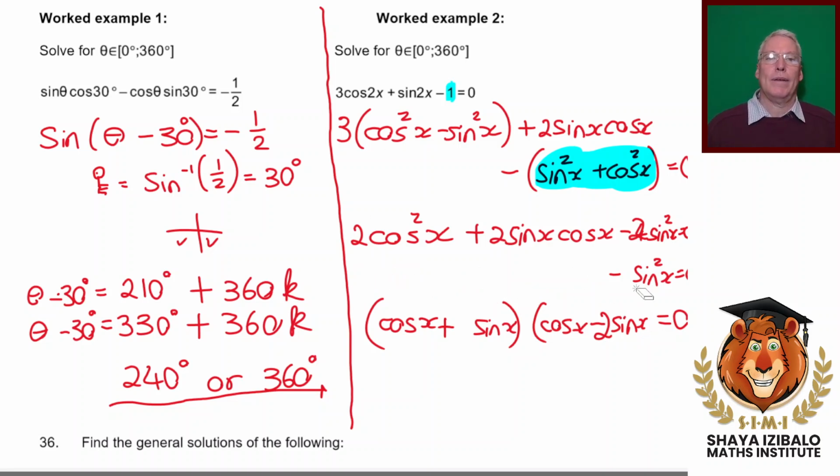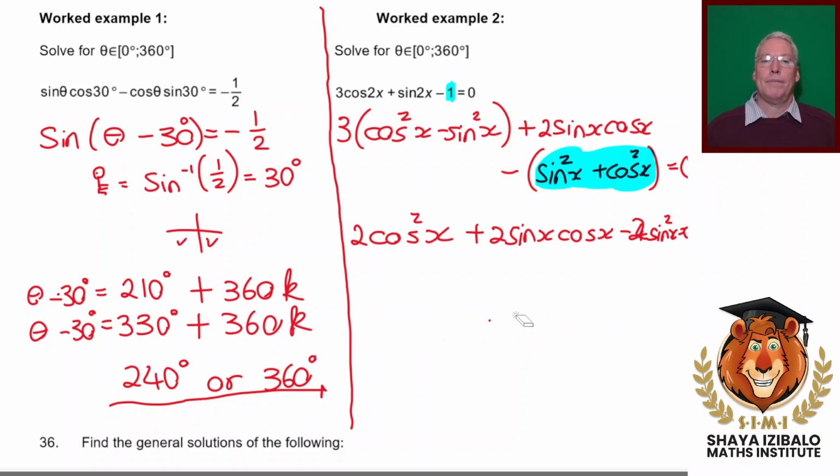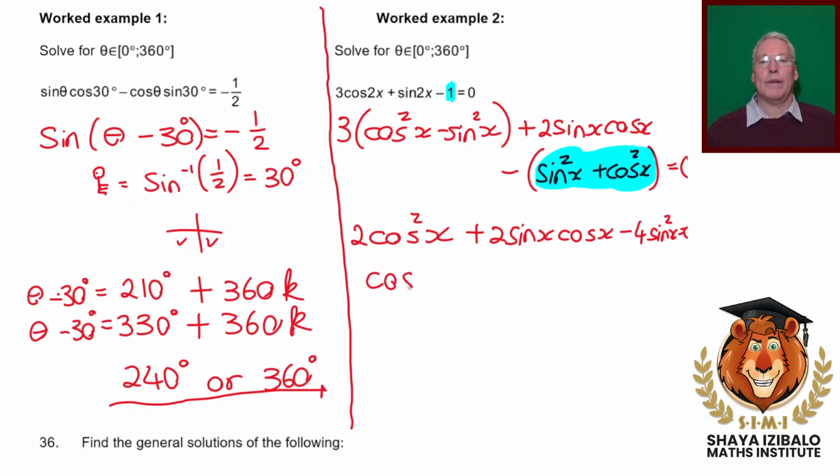Let's just have a look. Three cos squared x minus a cos squared x, 2 cos squared x. Negative 3 sine squared x minus another sine squared x is minus 4 sine squared x. And then we've got our 2 sine x cos x. Right, so it becomes cos squared x plus sine x cos x minus 2 sine squared x.